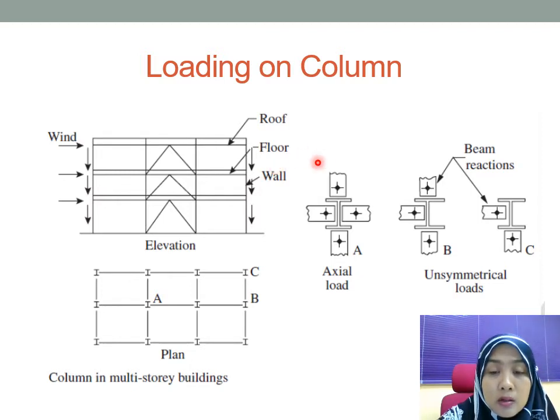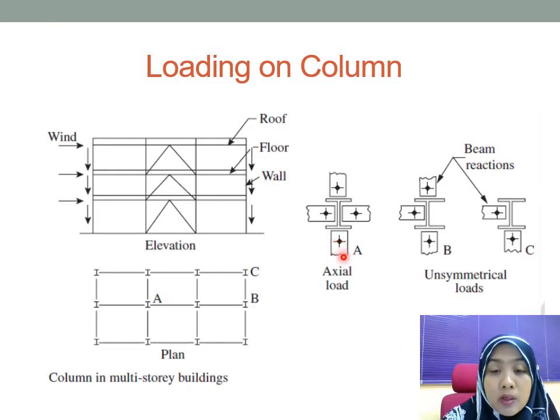For loading on the column, axial load is taken from the load transferred from the beams. For example, column A is located at the internal span. It is supporting 4 beams, one at each side. You have to transfer the shear force from each beam and total it all to become the total axial force on the column.